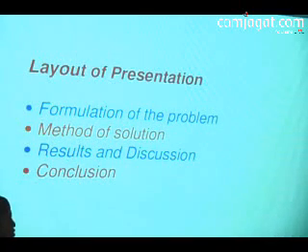This is the layout of the presentation. First of all, we discuss the formulation of the problem, then methods of solution, then results and discussion, and finally conclusion.